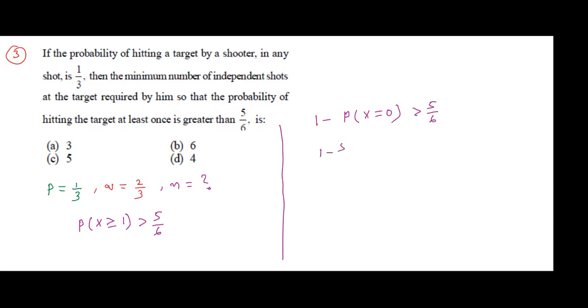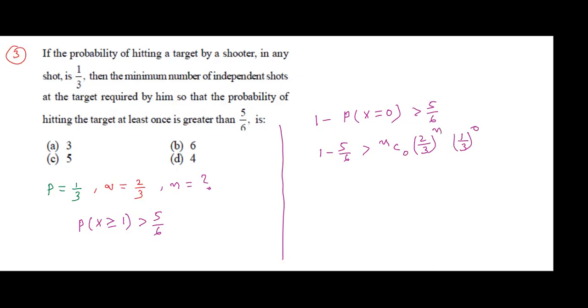So 1 minus 5 by 6 is greater than P of X equal to 0, which means nC0 (2 by 3) whole power n, (1 by 3) whole power 0.